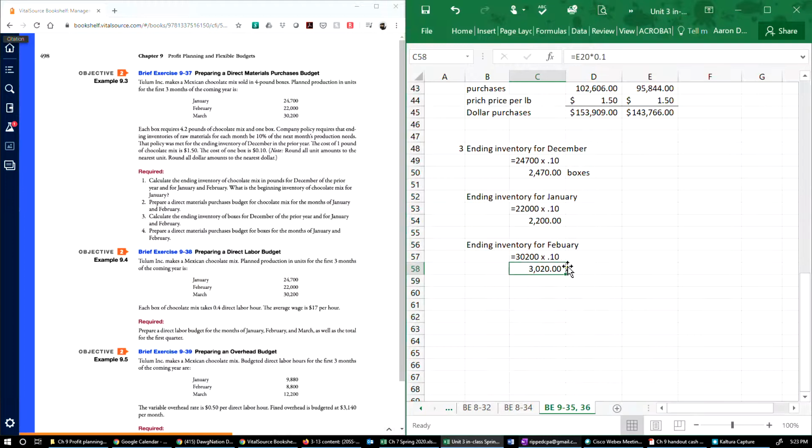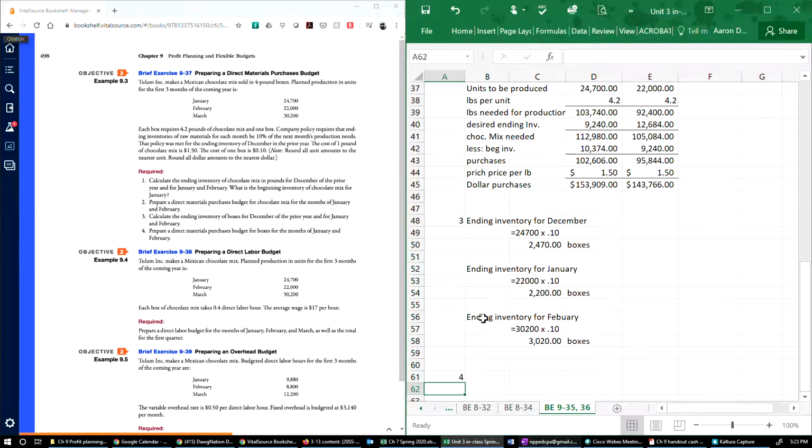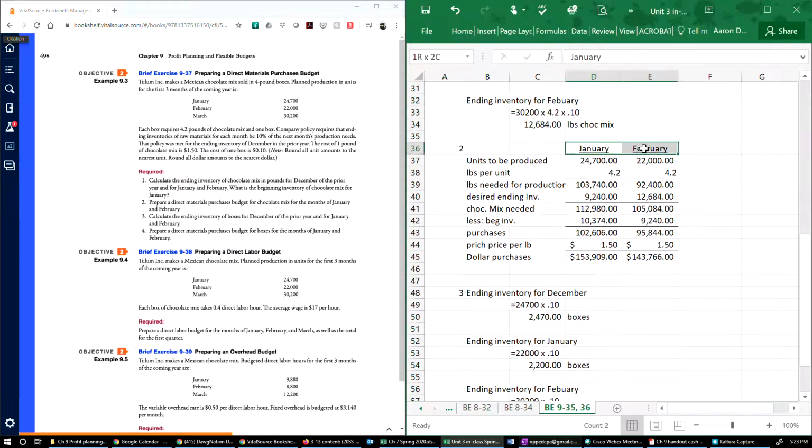Boxes. All right. And then requirement 4 asks for a similar production budget just for boxes.